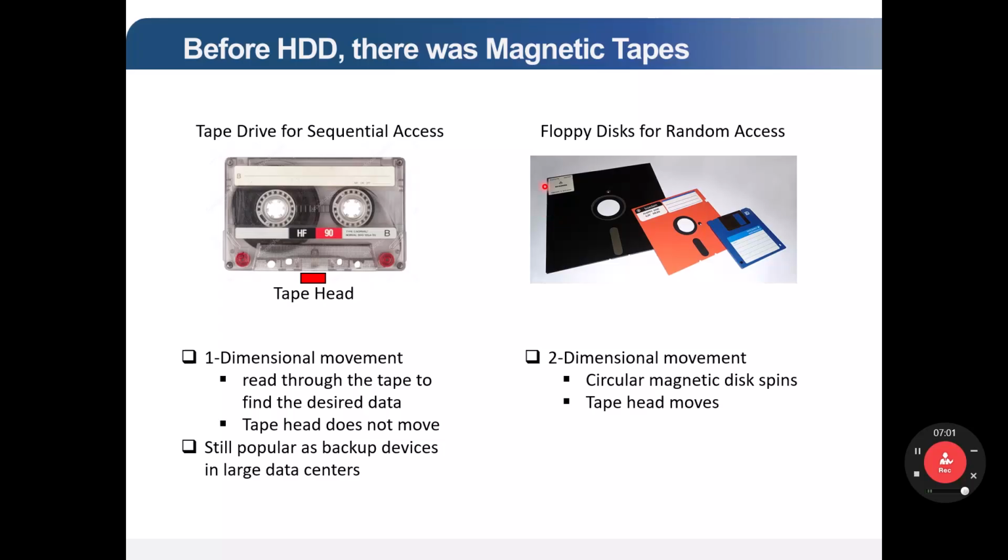But then a better storage device came out, which we call floppy disks. And these floppy disks work in a two-dimensional way. This tape drive works in just a one-dimensional way: we need to rotate this reel and wind all of the tape. That is one-dimensional movement, but floppy disks work in two-dimensional space.